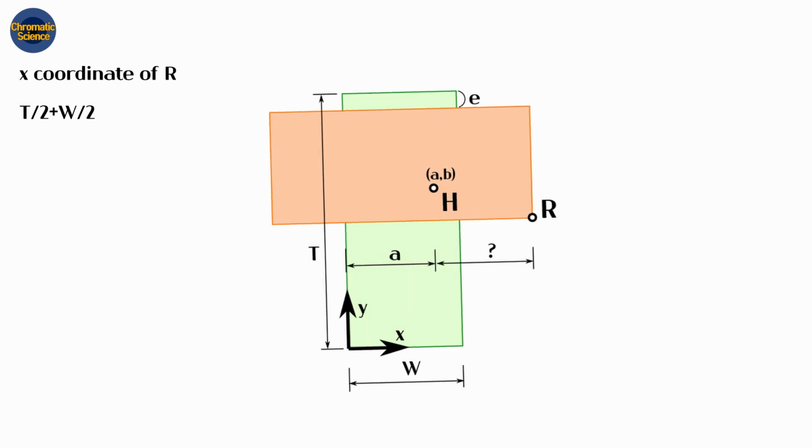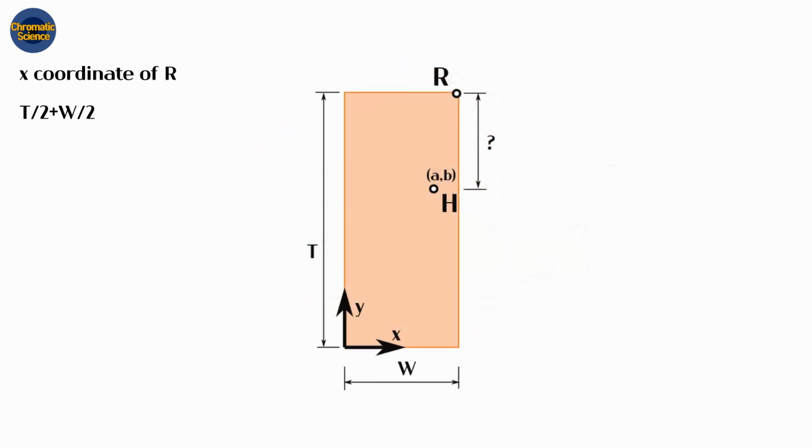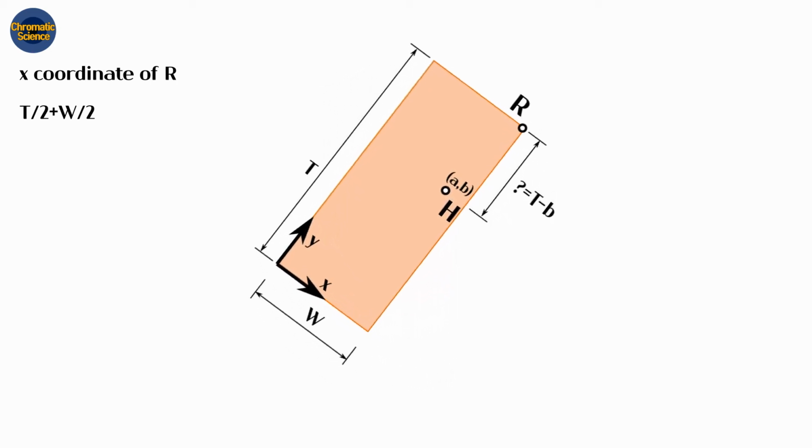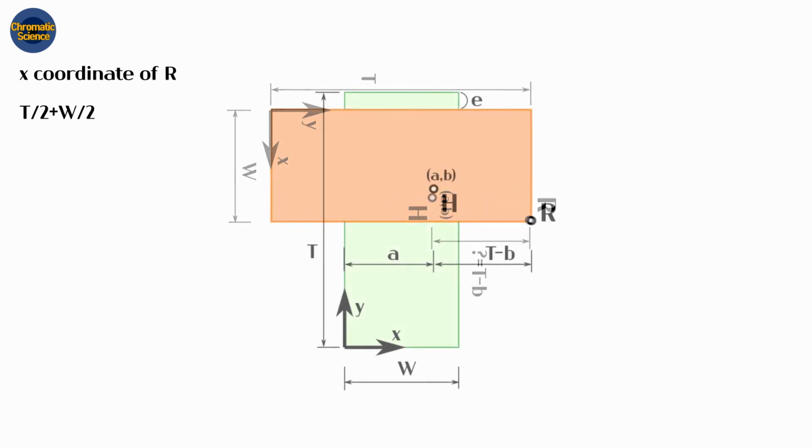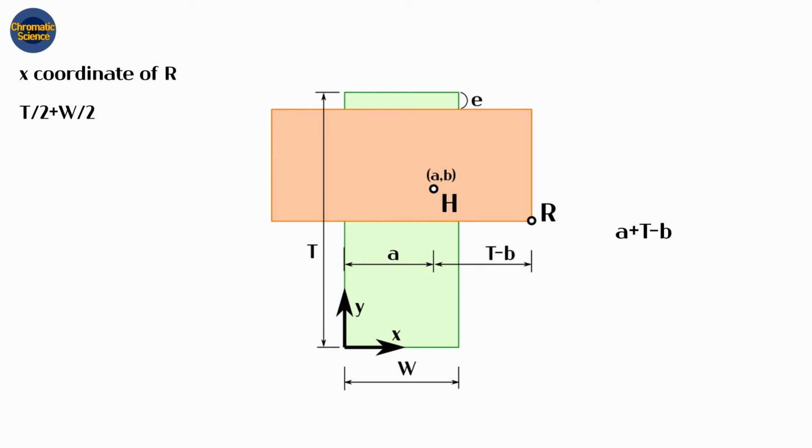This is the same as the vertical distance from H to R before rotation, because the vertical distance from the coordinate system to H is B, and the vertical distance from the coordinate system to R is T. The vertical distance from H to R is T minus B. This is the same as horizontal distance from H to R after the rotation of the upper screen. Therefore, x-coordinate of our point is A plus T minus B.